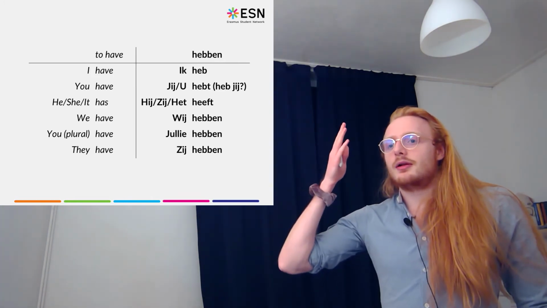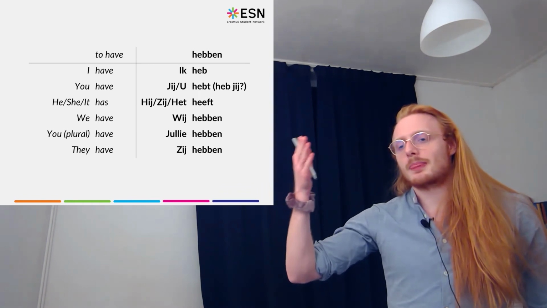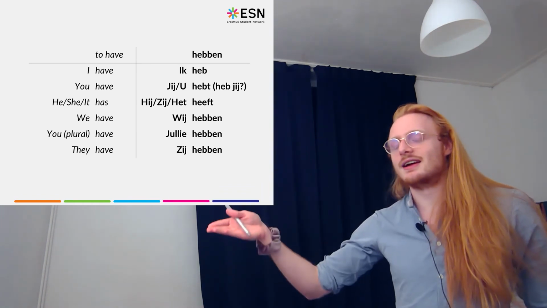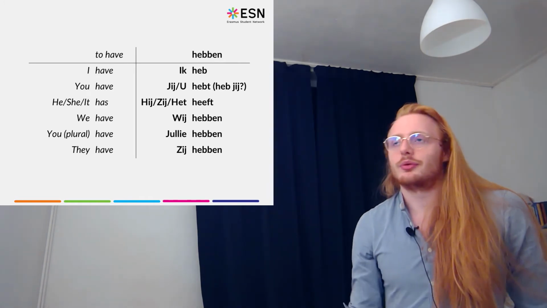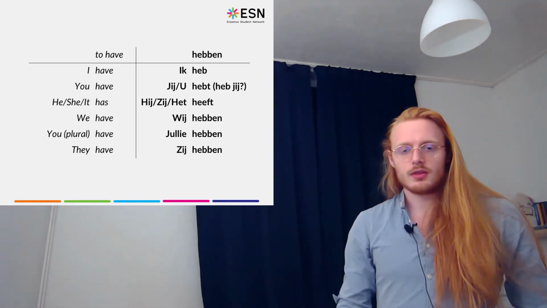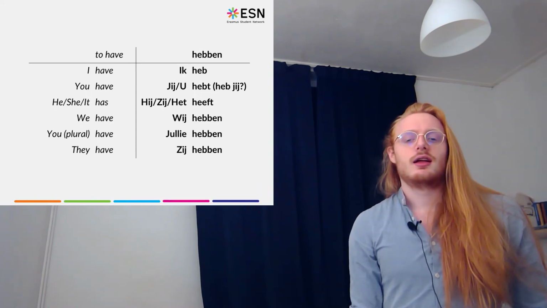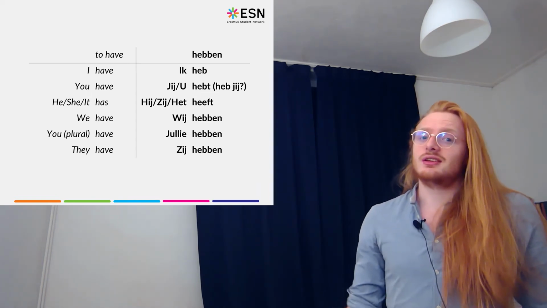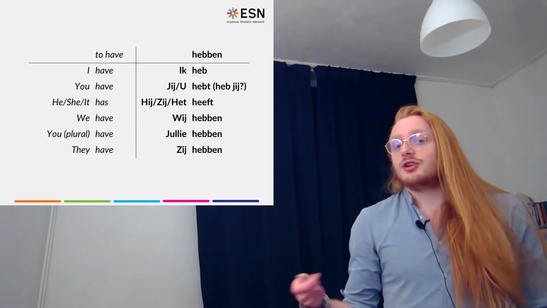And you lose the t for verbs that are conjugated with jij. I'm not really sure why this is a rule, but this is a rule. This does not apply to u, so it is hebt u, but it is heb jij, which would be do you have. Literally, have you seen, heb je gezien? Yes, you just need to remember this.